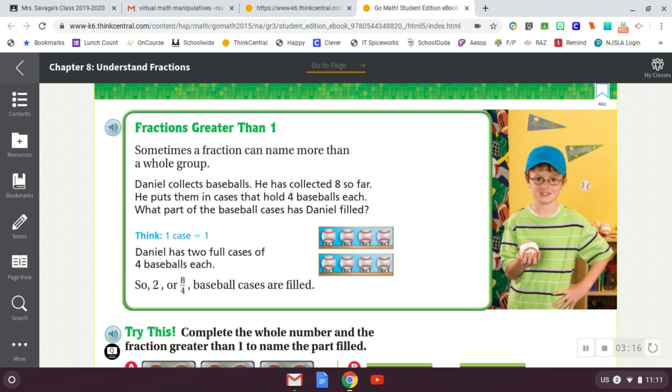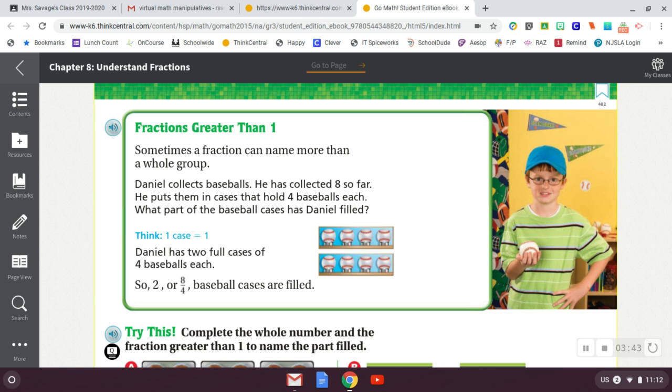So always, first thing to think of is find your denominator. Well, I'm just looking at one of those at once. So if I were in school right now, guys, I would cover up that bottom case so you could just see the 1. And I'd figure out how many pieces it's broken into. I see 4 baseballs. So that to me means that we are working with fourths because there's 4 in each one.